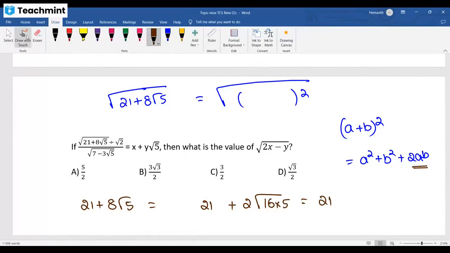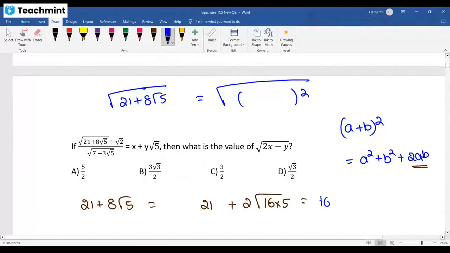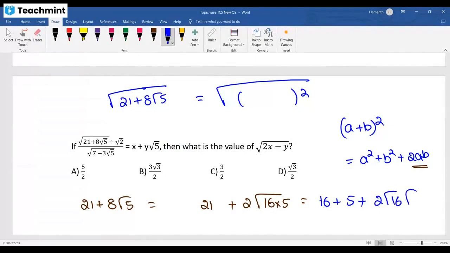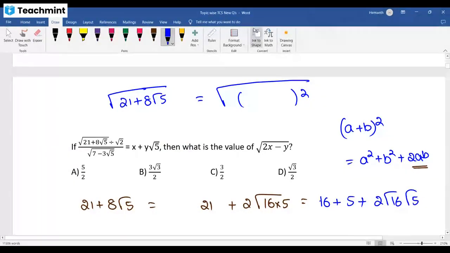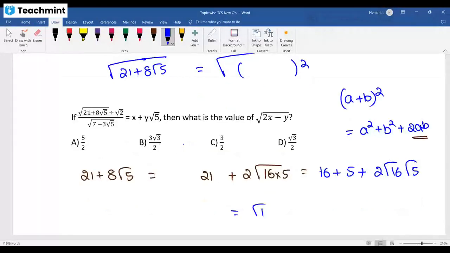Now you see that important point. We can write this 21 as 16 plus 5. Here this is 2 root 16 into root 5. Now see, it's like a plus b whole square. How, sir? 16 is root 16 whole square, a square. 5 is root 5 whole square, b square.